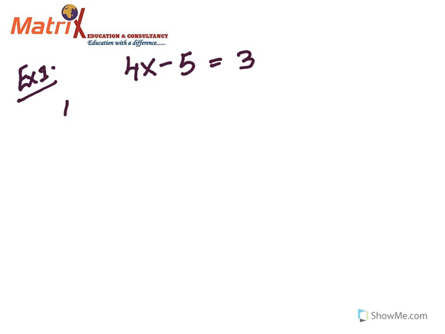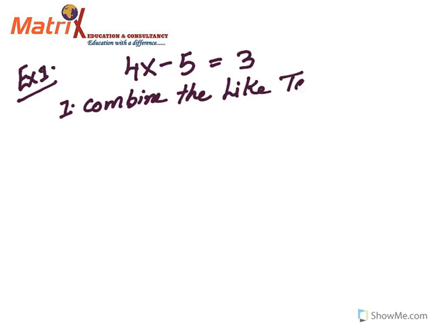First, we combine the like terms. Like terms can be variable terms and the non-variable terms together. In this, we just have one term with a variable, which is 4x, so we don't need to combine it, but we need to combine 5 and 3.